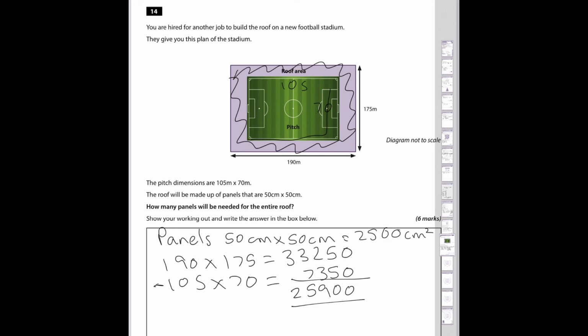That is centimetre squared. This measurement is metre squared. To get metre squared to centimetre squared, we need to times by 100, and then times by 100 again. So we're effectively timesing by 10,000.